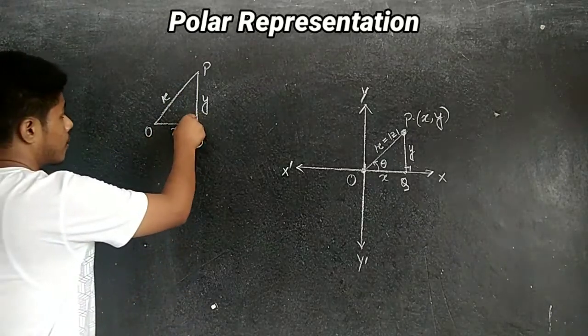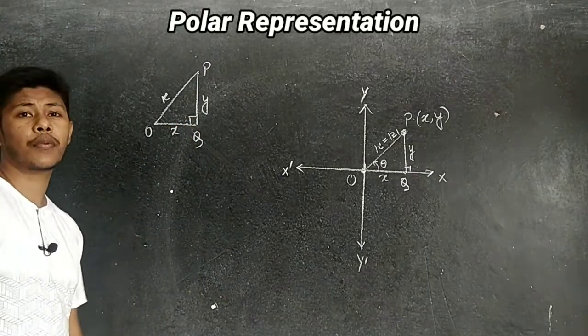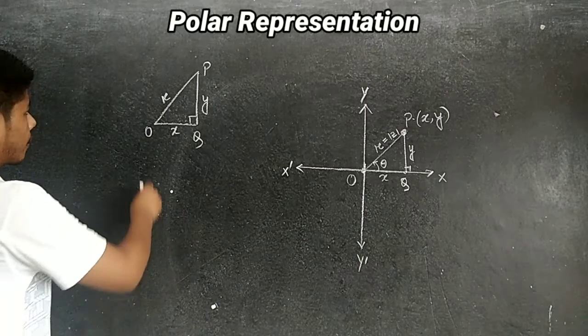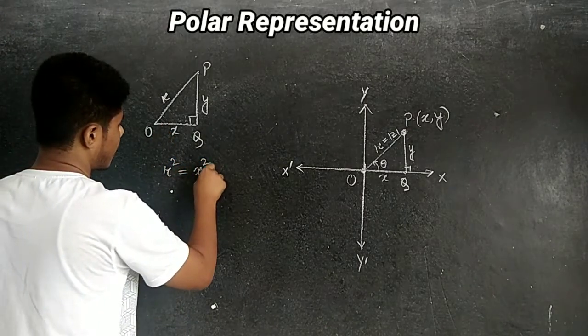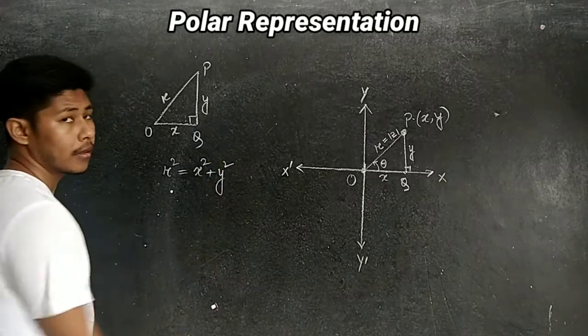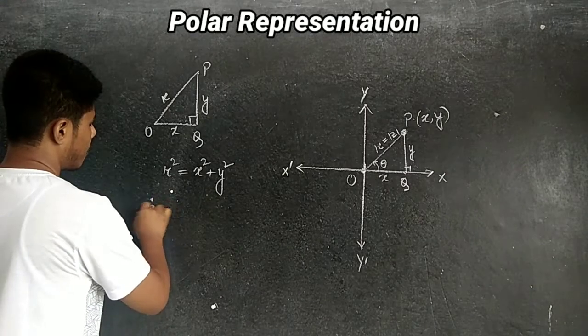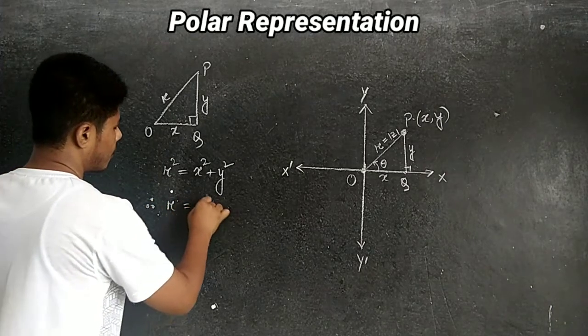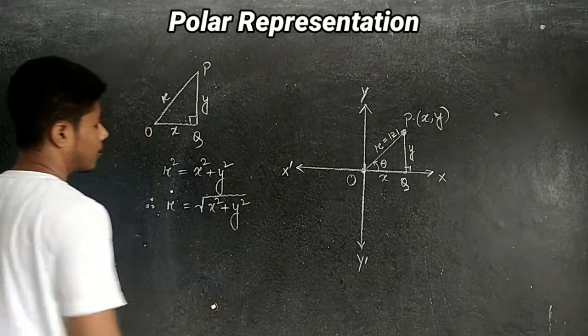No doubt this one is a right angle triangle, so easily we can apply the Pythagoras theorem, hypotenuse square. So r square equal to x square plus y square, therefore if you take the square root, r equals root over x square plus y square.